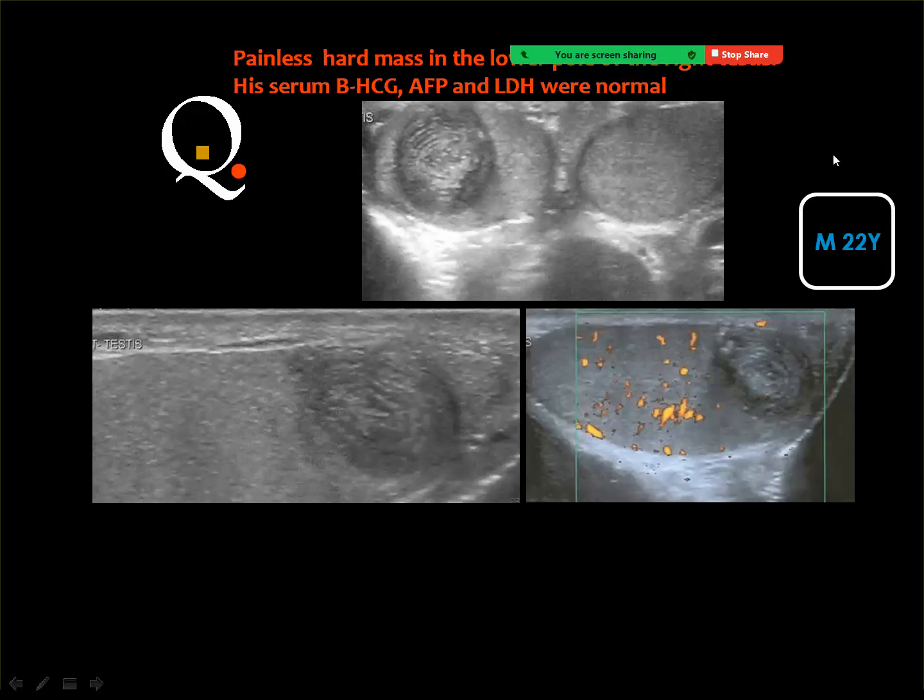In this case, the patient had a painless hard mass and his serum beta HCG, alpha fetoprotein and LDH were normal. His age is 22 years old and the lesion is devoid of vascularity on Doppler imaging.